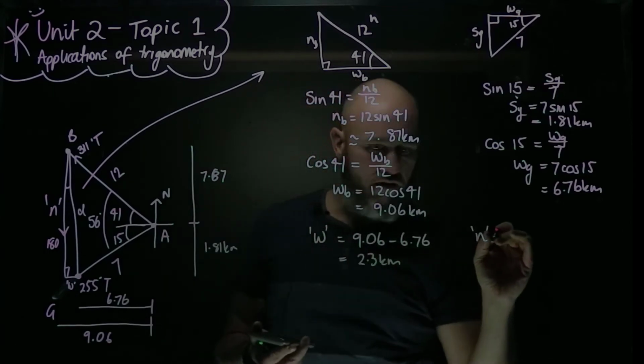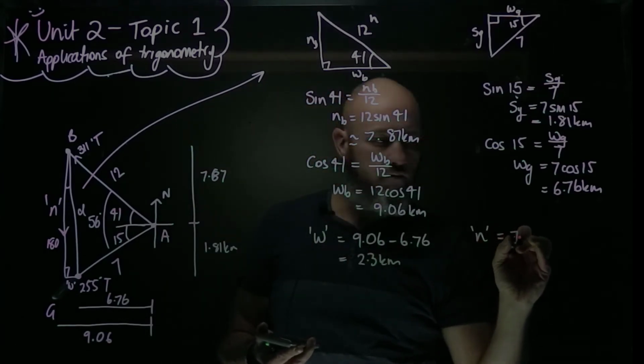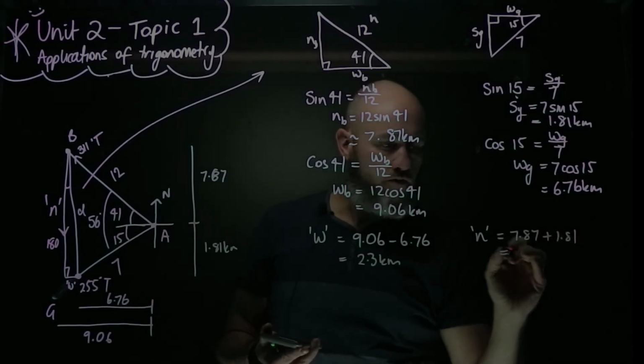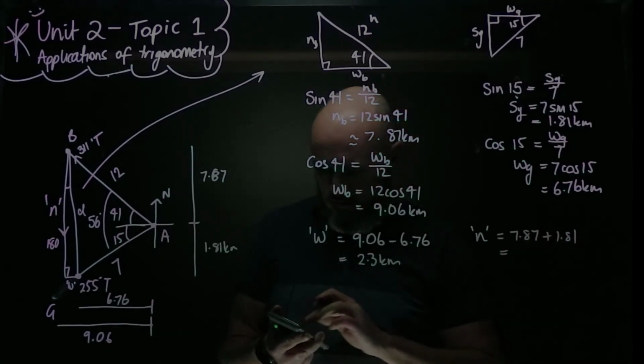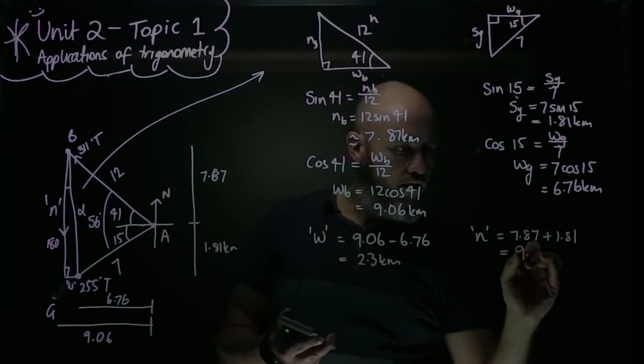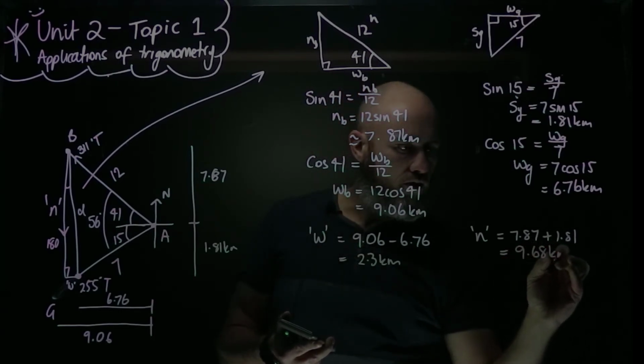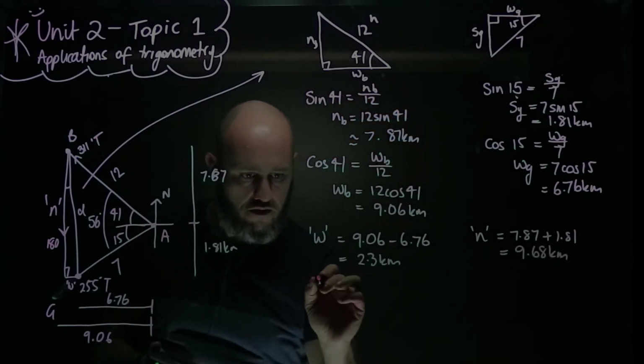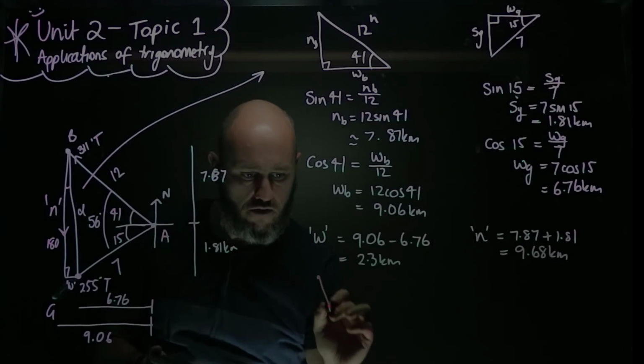So north is equal to 7.87 plus 1.81, and that comes out as 9.68 kilometres.